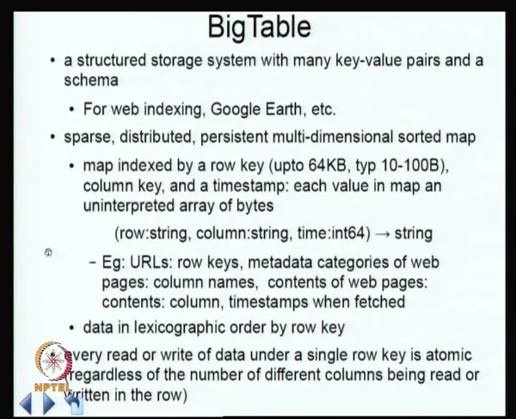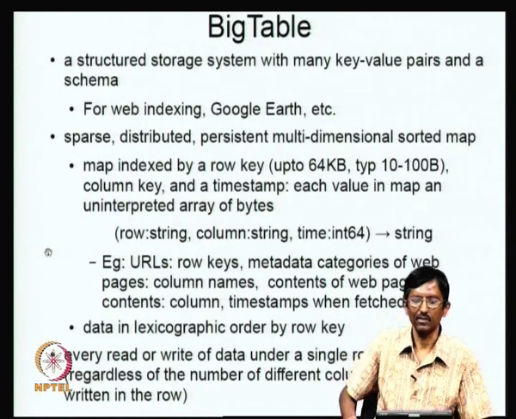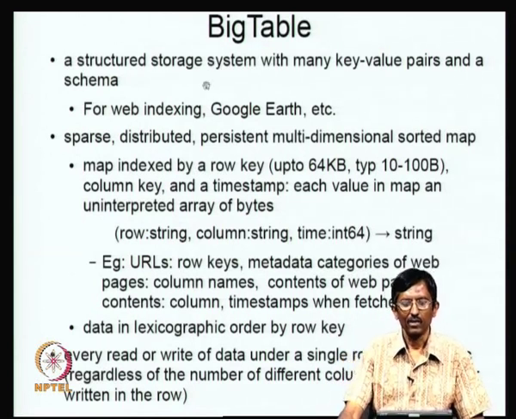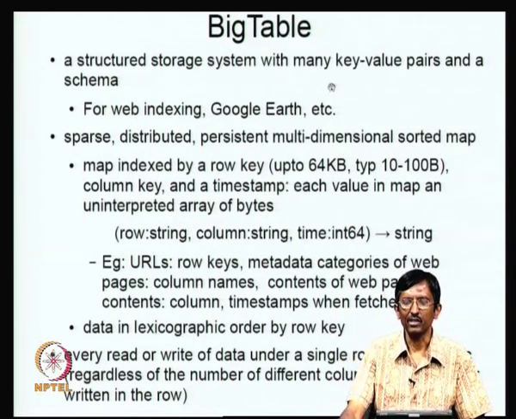So let's just quickly look at BigTable. It's a structured storage system with many key value pairs and a schema. It is used for web indexing, for things like Google. Essentially, to put it in a slightly different way, it's a sparse, distributed, persistent, multi-dimensional sorted map.